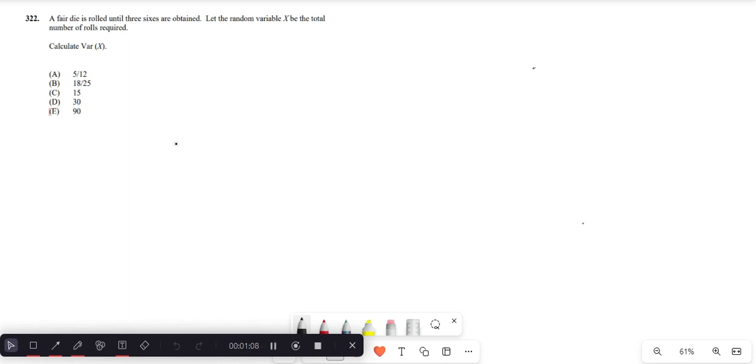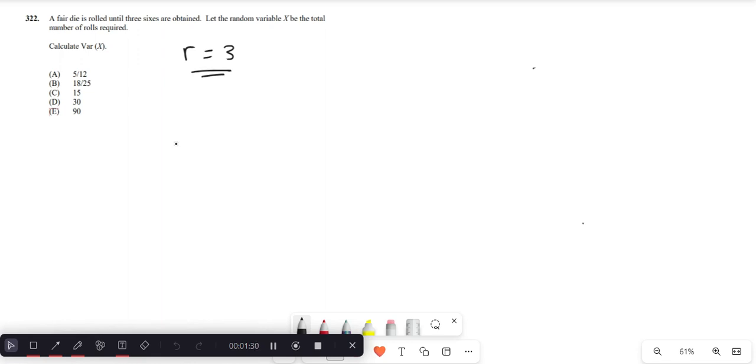And by r, I simply mean the number of successes. In this case, the number of successes we're looking for is 3, so I'm going to let r be equal to 3. I'm looking for 3 successes, and X is defined as the number of trials I need in order to get this.